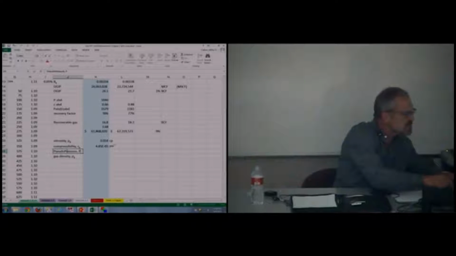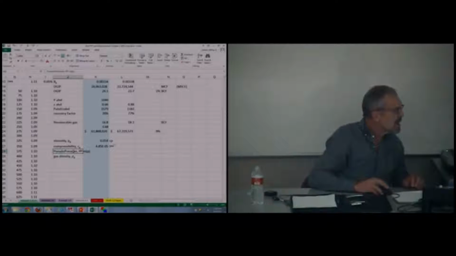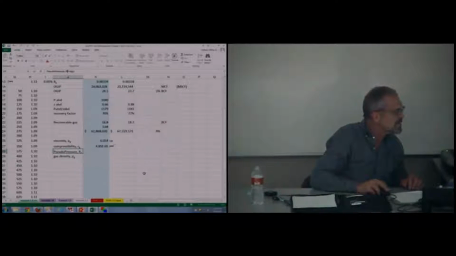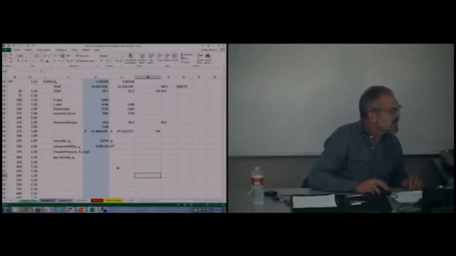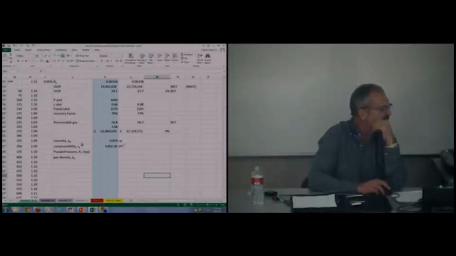And I'm going to show two different ways of nomenclature. I switched to pseudo pressure as P sub P. And then that way, if you've got PWF, you can just do PWF, pseudo pressure while flowing. But frequently you'll see M of P, because that's the way it came out.